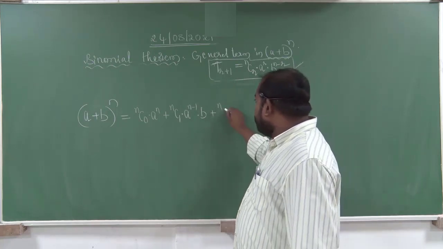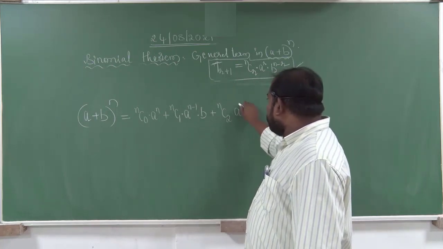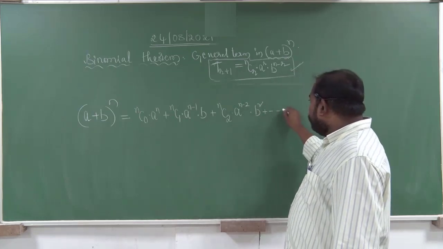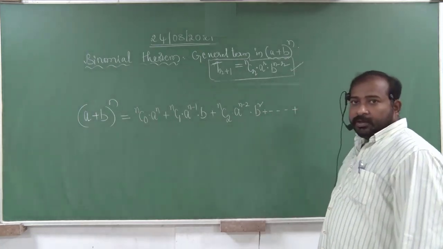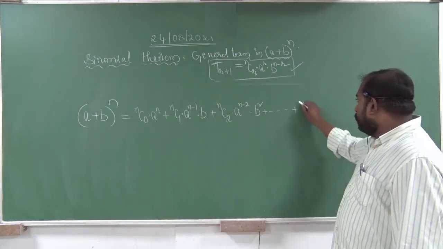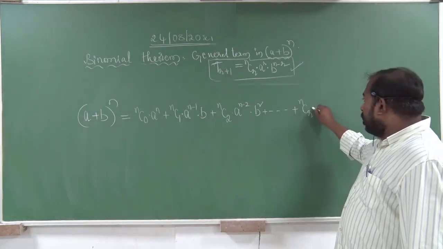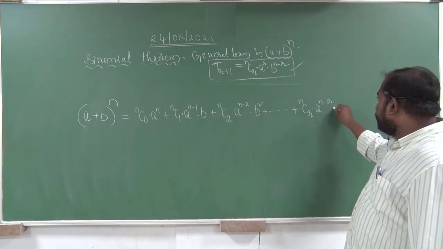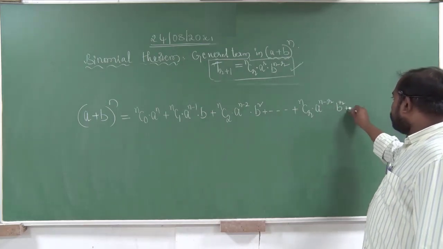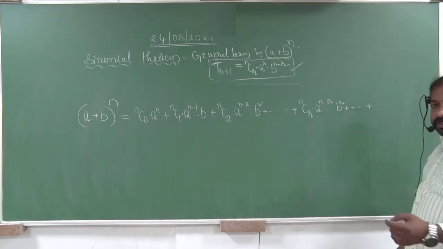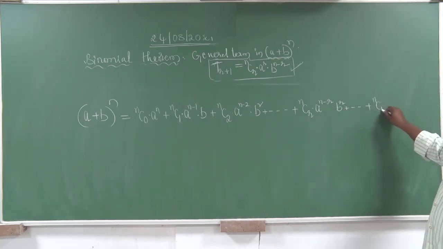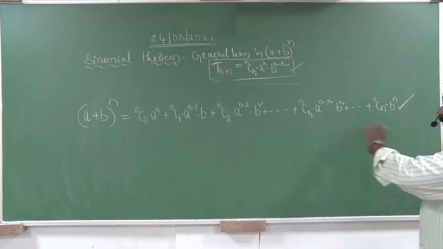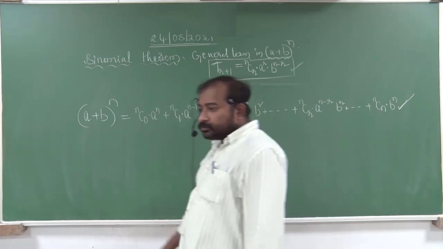Next value: nC2 a^(n-2) b^2. Continuing like this, the (r+1)th term you will get is nCr a^(n-r) b^r. By proceeding like this, what is the last value? nCn b^n is the value. So this is the binomial expansion.